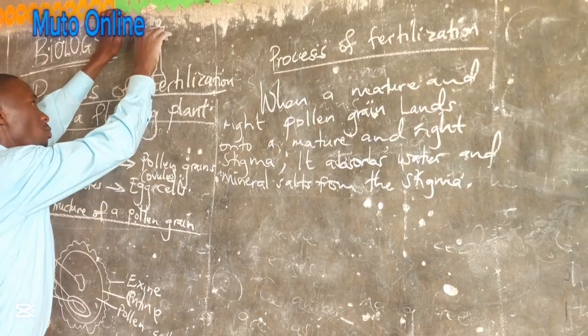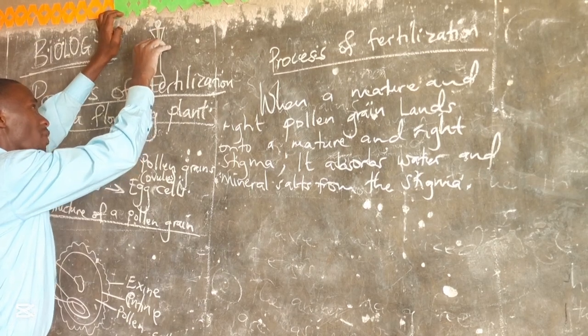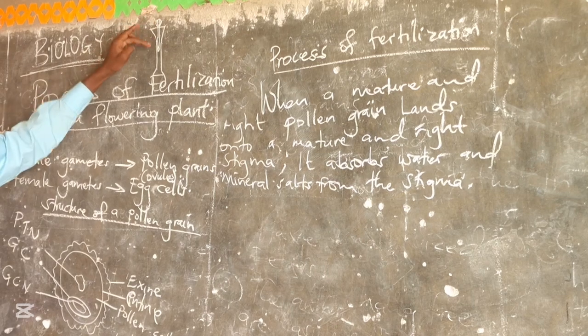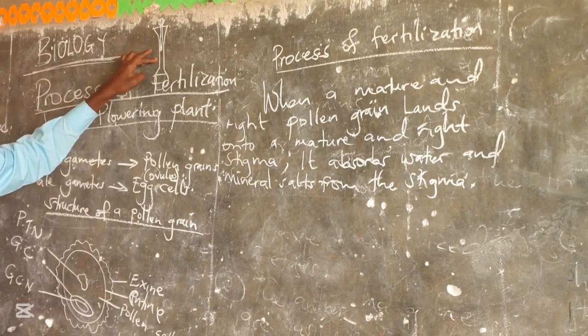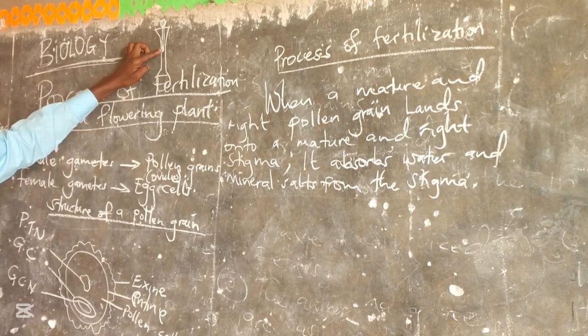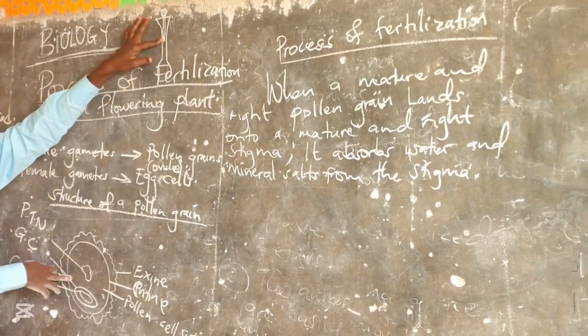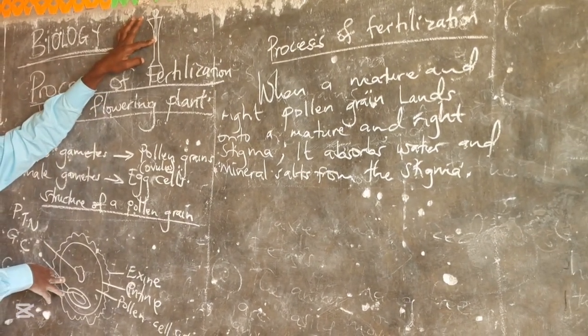This pollen tube is led by a pollen tube nucleus. So at the tip of the pollen tube that is growing down towards the ovary, there is the pollen tube nucleus that we saw in the pollen grain.